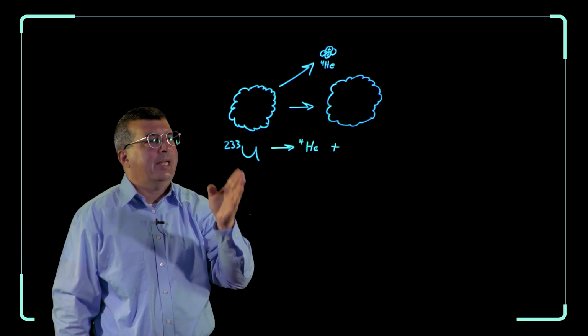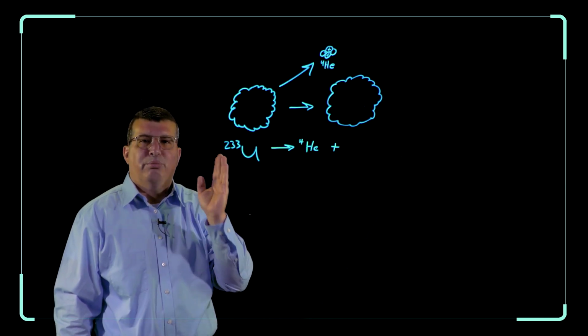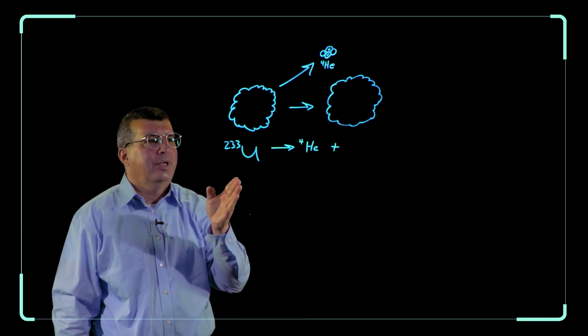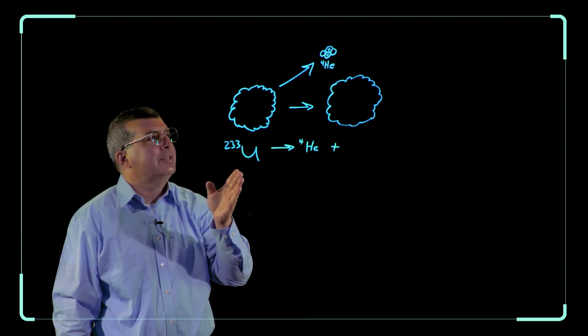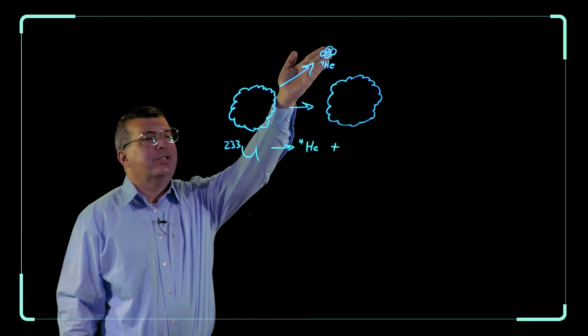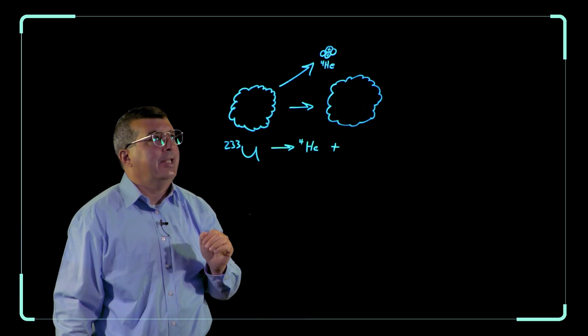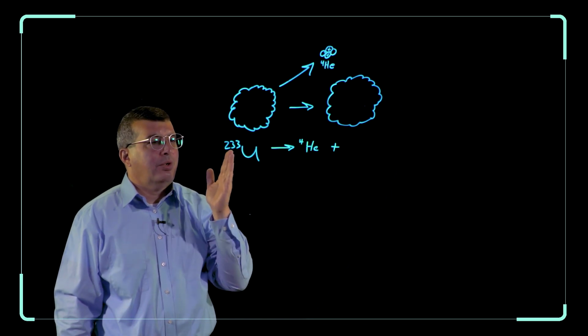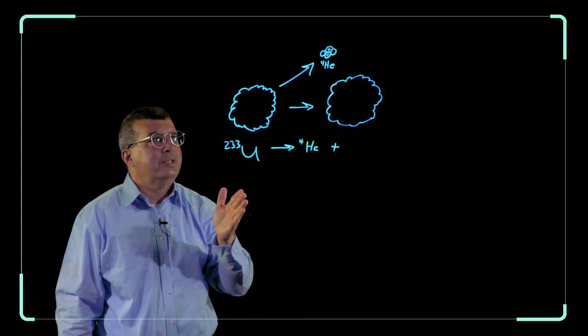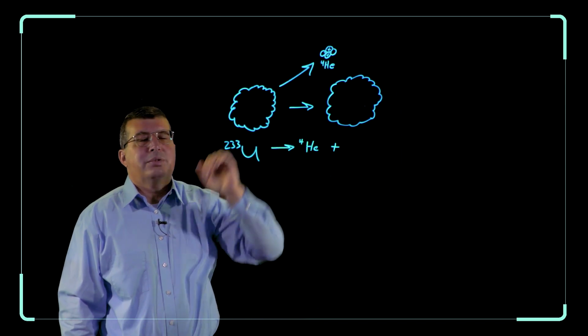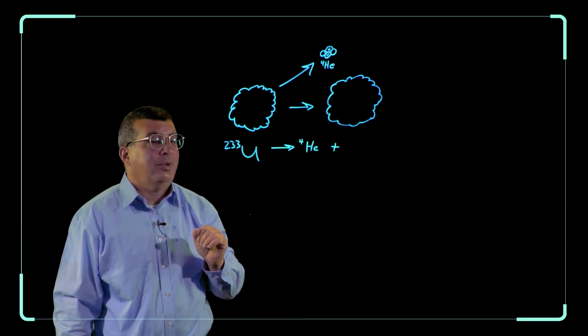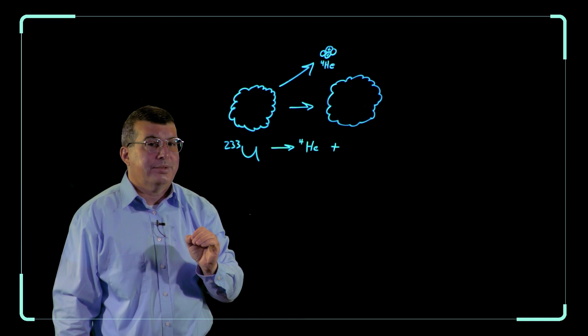So uranium has 92 protons, okay? What happens is that it ejects 2 of those protons in the helium-4 nucleus. So we start off with 92 protons, we shoot out 2 of them, and we're left with 90 protons.